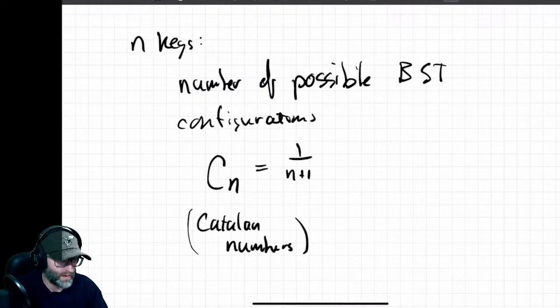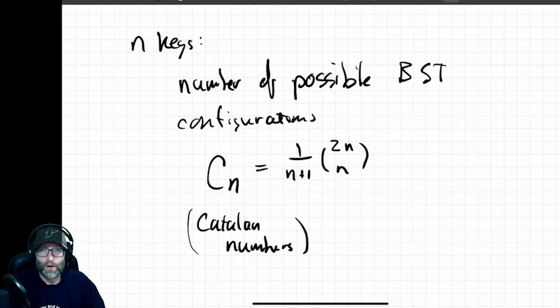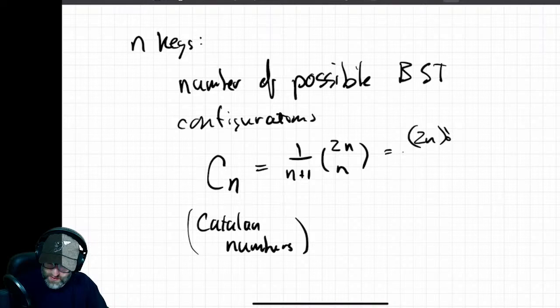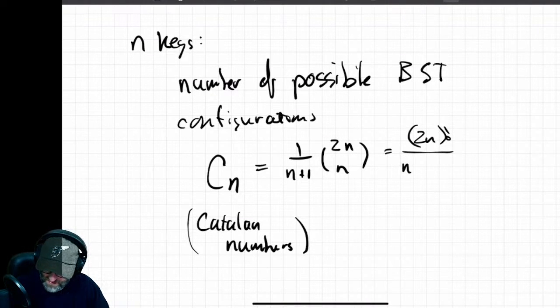So 1 divided by n plus 1, that's inconsequential. But 2n choose n. Now, if you remember back, twice now we've covered binomial coefficients and noted that they are maximized when you're choosing about half as many as the values that you actually have. If you were to write this out, this is 2n factorial over n plus 1 times n factorial.